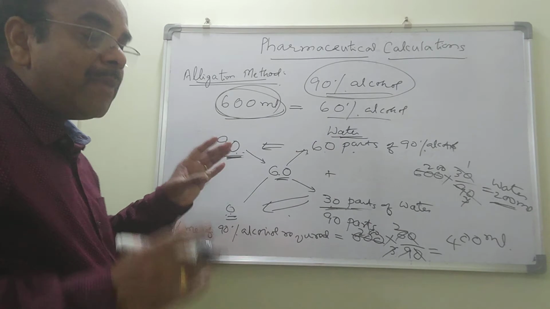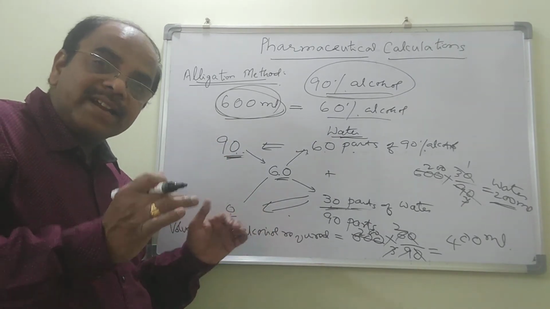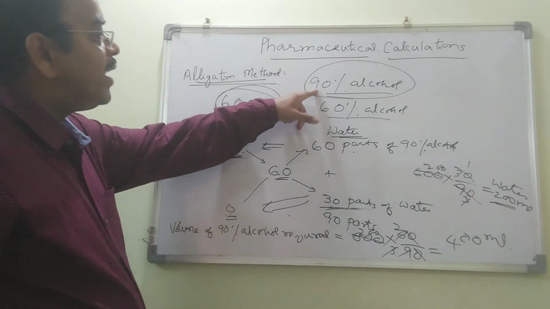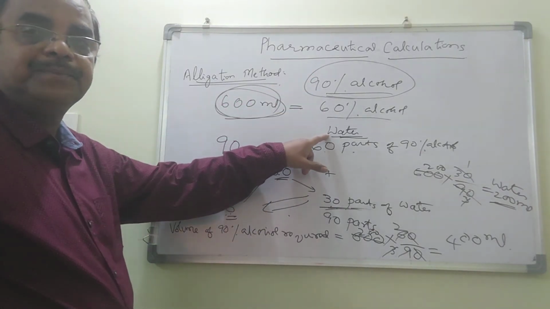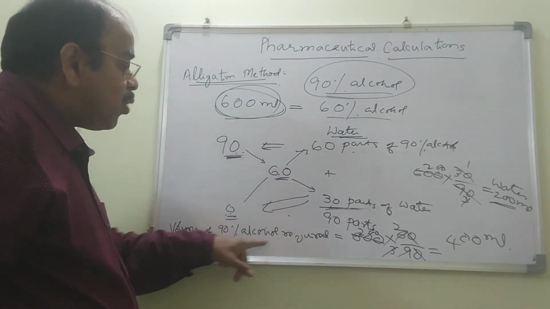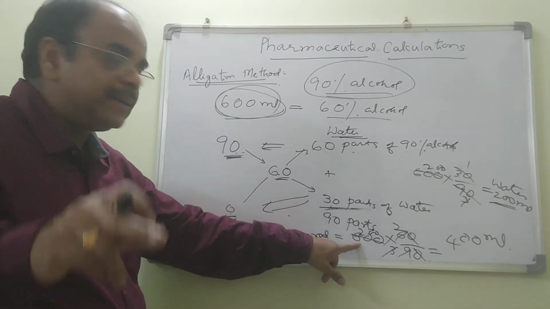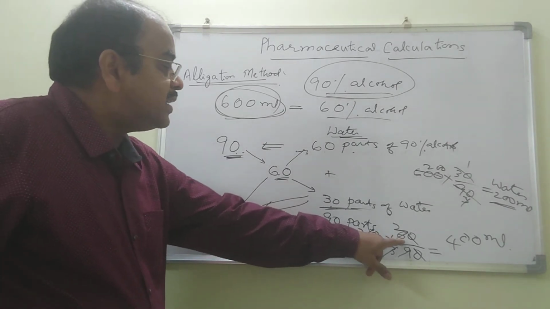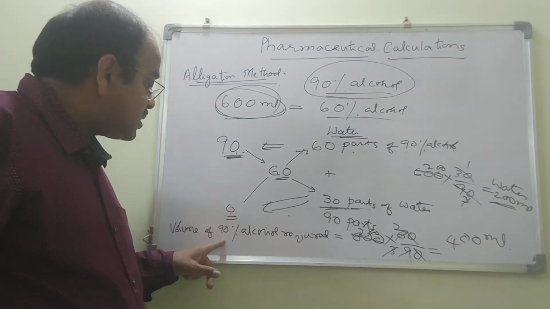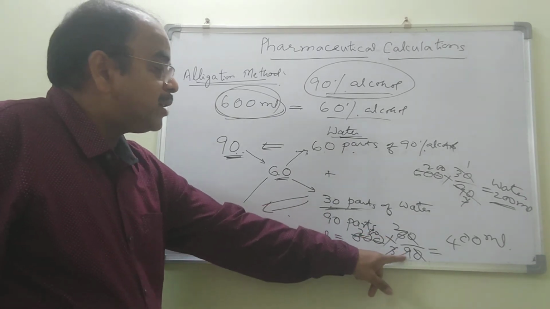How many ml do you have to prepare? We have to prepare 600 ml. To prepare 600 ml, how many ml of 90% alcohol and how many ml of water are required? For that, we have the formula. Volume of 90% alcohol required is equal to 600, the total volume to be prepared, into 60, the parts of 90% alcohol required, by total number of parts.